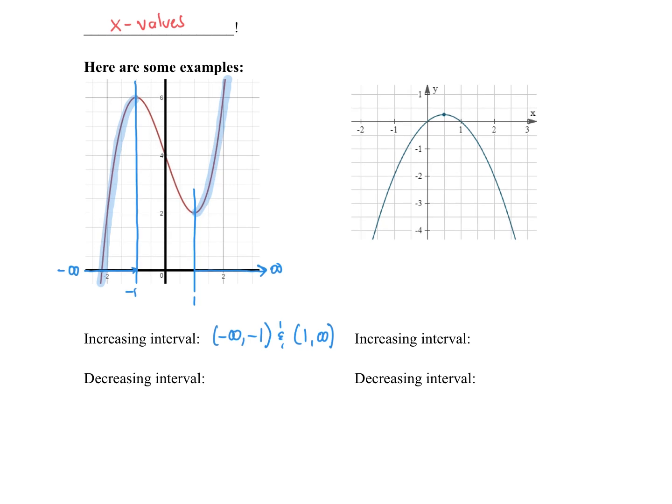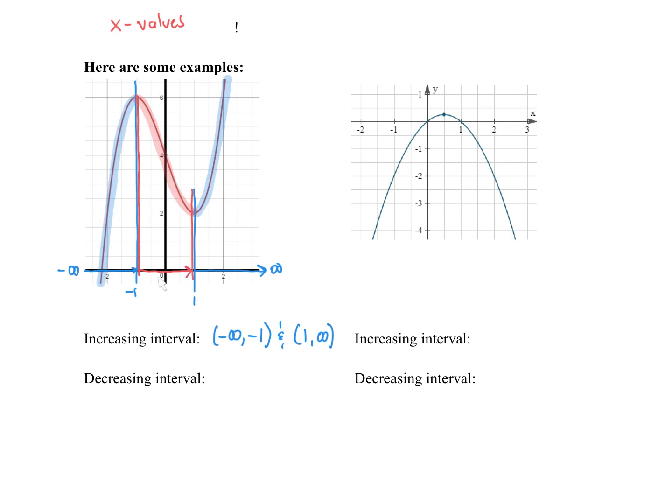Now, decreasing is the exact same thing. Decreasing is where the function is going down. There it is. I like to do things the same way. I like to draw my line here, and then another one here. And where does this start decreasing to where it finishes decreasing? Right here.